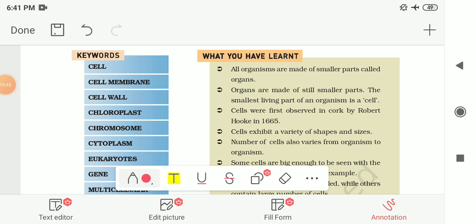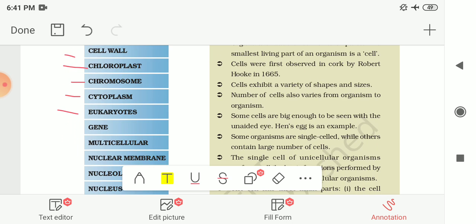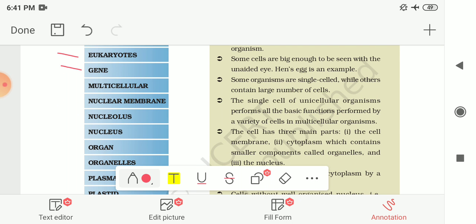Here some hard words are given to you. You have to write these hard words in your notebook. The first one is cell. Next is cell membrane, cell wall, chloroplast, chromosome, cytoplasm, eukaryotes. Next is gene, multicellular, nuclear membrane, nucleus, nucleolus.